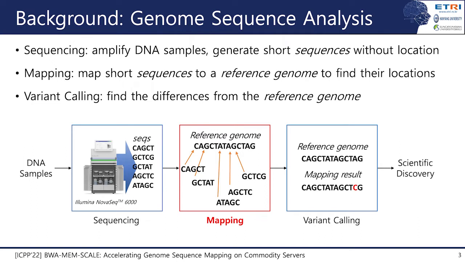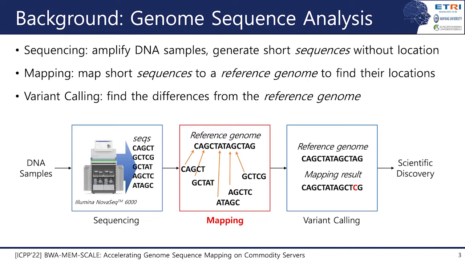In this step, the genome sequences have no location information. Then, the second mapping step maps the generated short sequences to a reference genome sequence and reveals the location of each sequence. Finally, variant calling is used to find the differences between the genome sequence from the DNA sample and the reference genome. The differences are analyzed further by biologists or doctors.